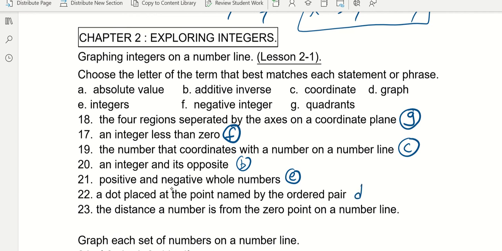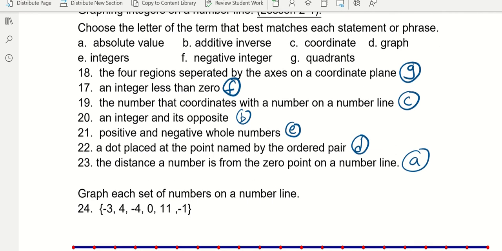If I told you to graph something, that means you're putting a point on a graph, right? So you're putting a dot at a point named by the ordered pair, that is graphing something. 23. The distance a number is from 0 on a number line, that is going to be a number's absolute value. So how far a number is from 0, a number's distance from 0, is its absolute value.